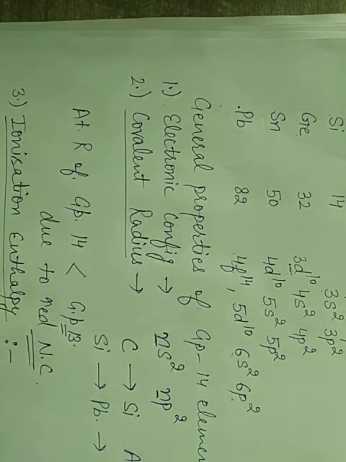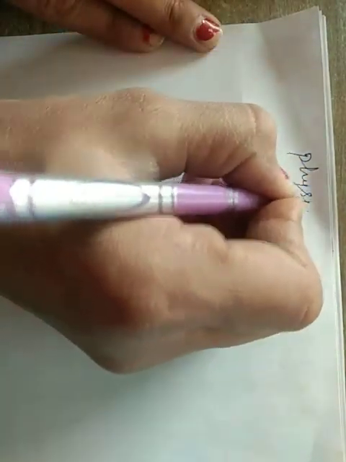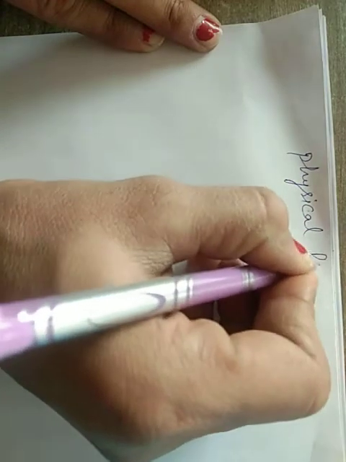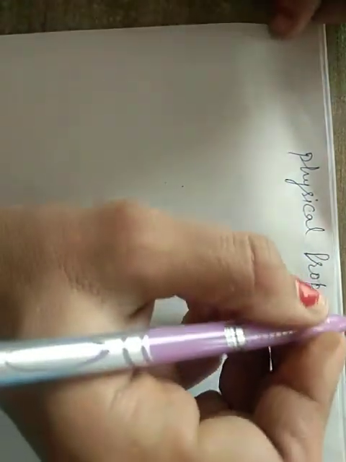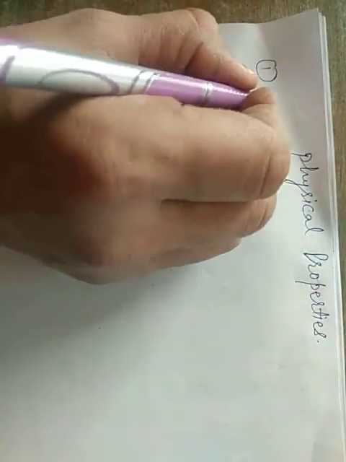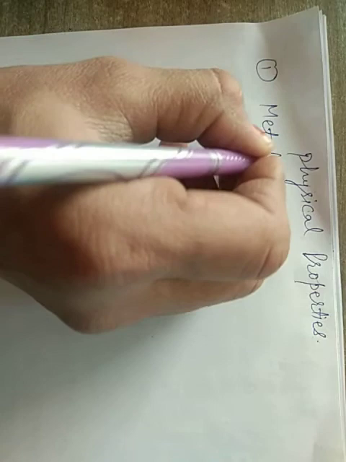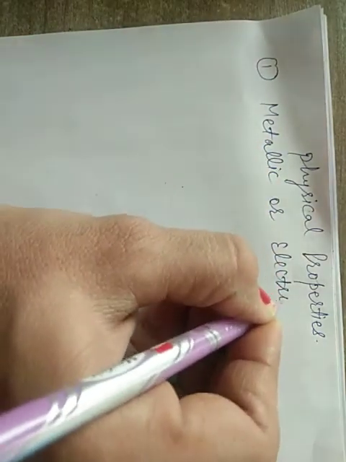Now the next topic, that is physical properties. In these properties, the first property is metallic or electropositive character.